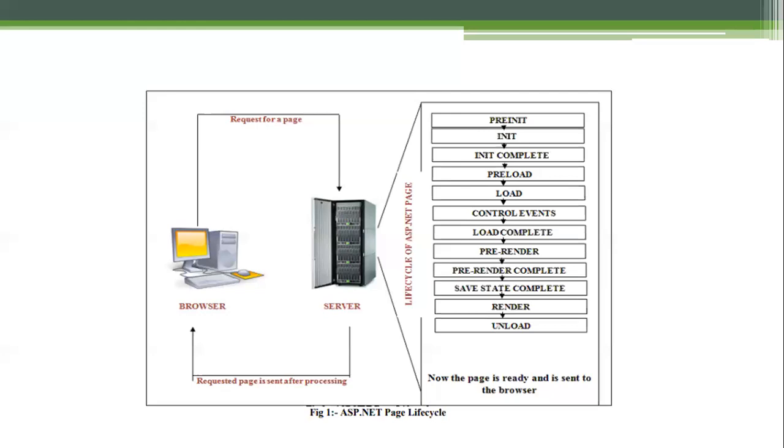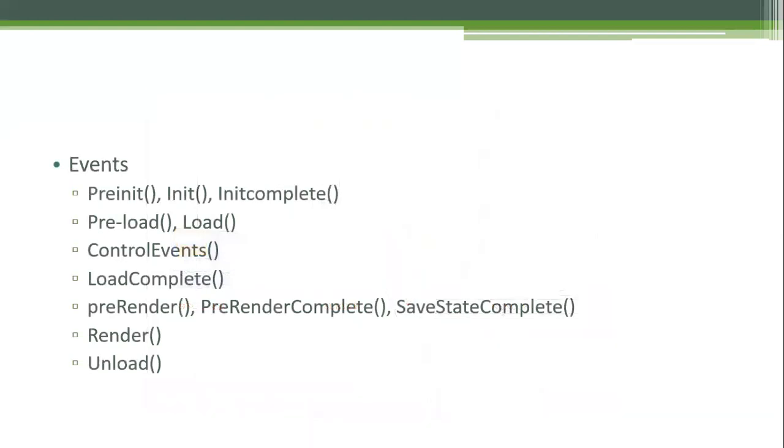So once it completes all these events, the response is ready and that will be given to the browser. Pre-init, init, complete, all these are the events. Let's see one by one.